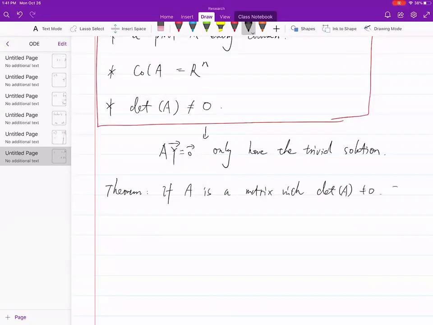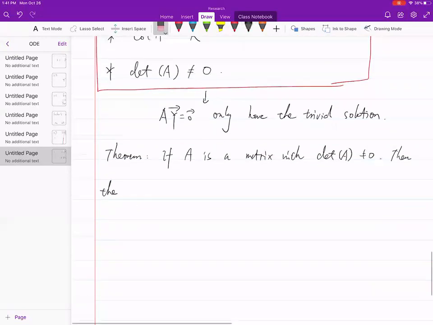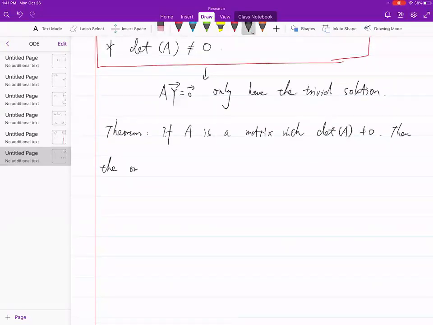Then the only equilibrium is the origin, which is 0.